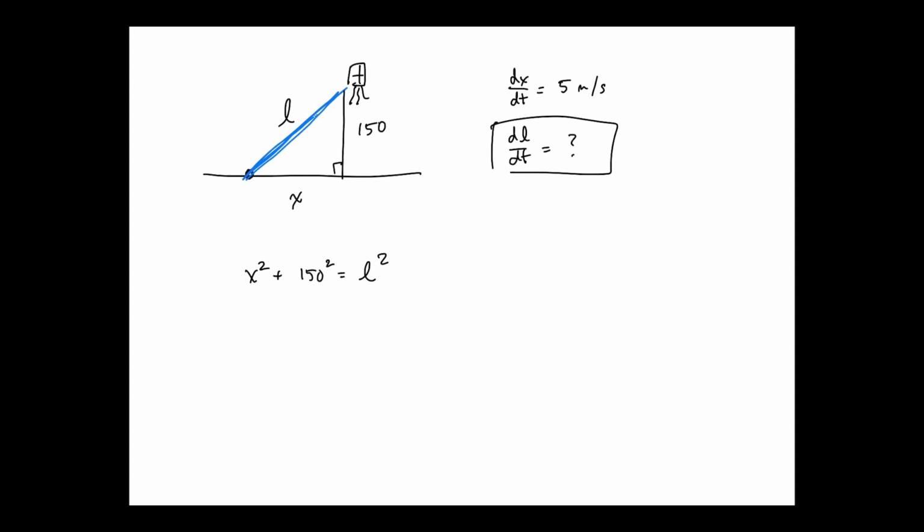Now, you might say, wait a minute, Dr. C, we're trying to solve for the rate of L, so why don't we solve for L in my key equation and then take the derivative? That would be okay. What's the advantage of leaving it like this? Well, we will have to do the chain rule, but we don't have to do lots of chain rule.